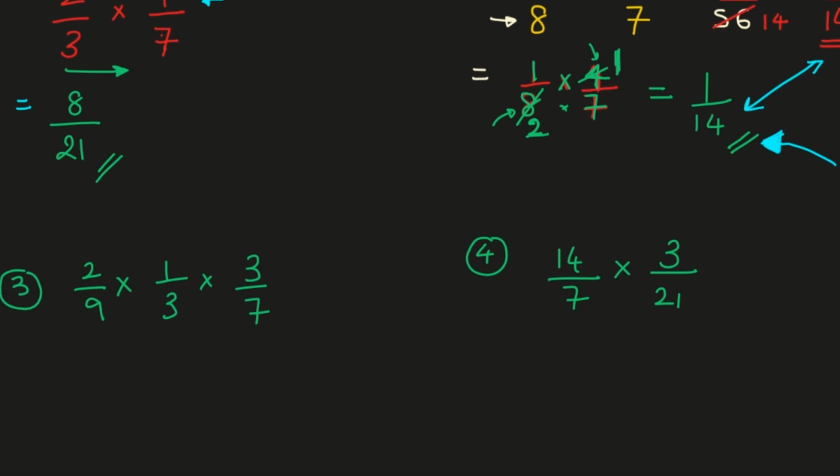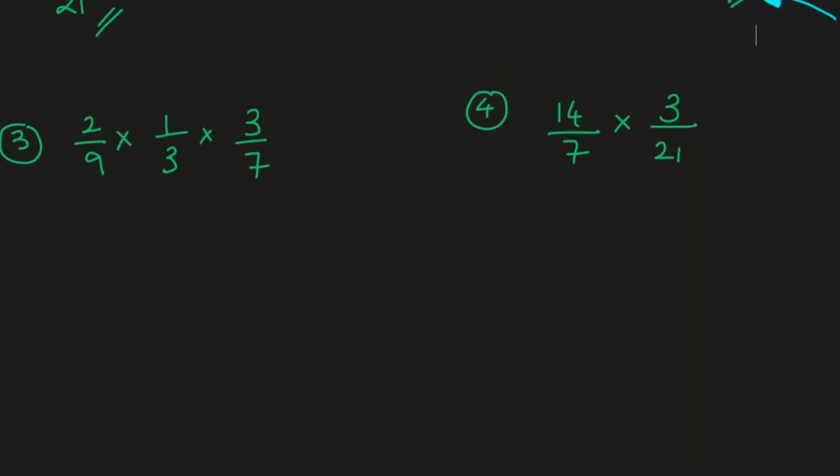Let's go to the next question. What is it? 2 upon 9 into 1 upon 3 into 3 upon 7. Here I have multiplied three fractions. It doesn't matter. Let's see whether any numerators or denominators can be divided by the same value. Yes, this 3 and this 3 can be divided by 3. 3 divided by 3, it's 1. 3 divided by 3, it's 1.